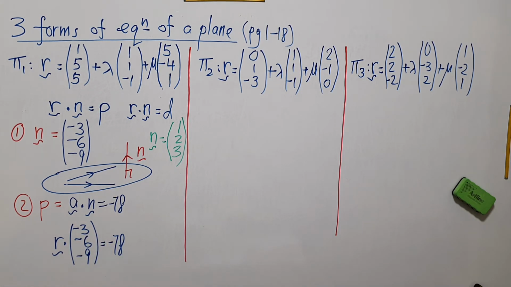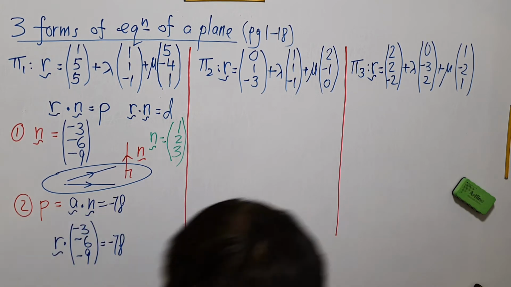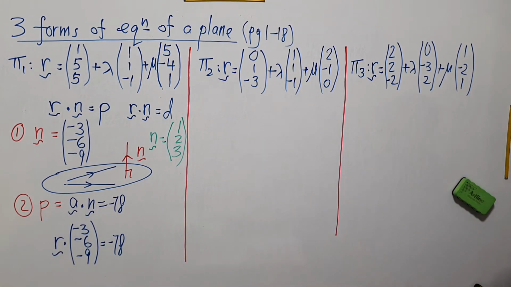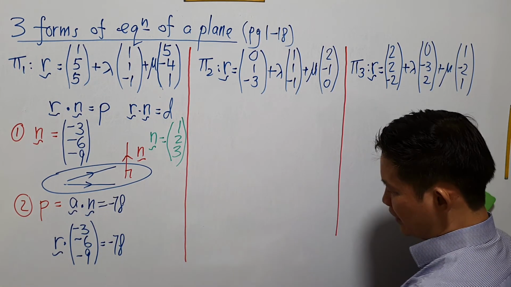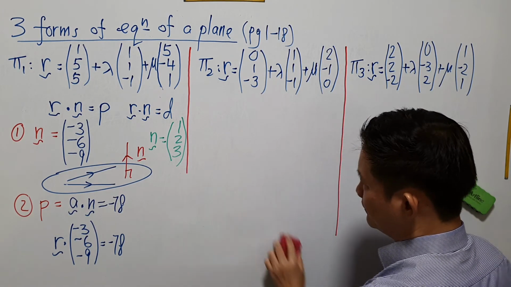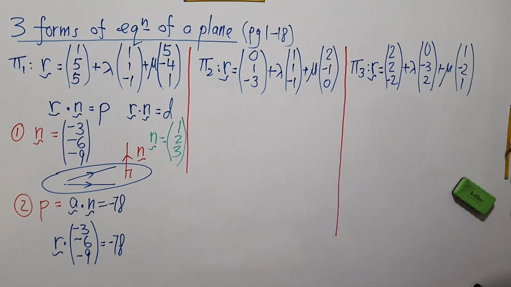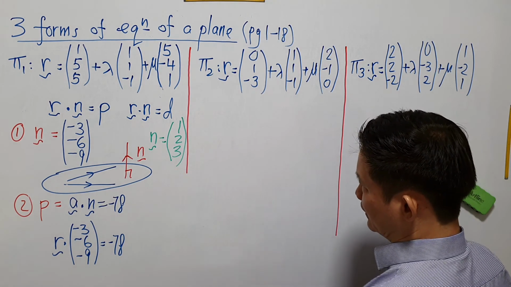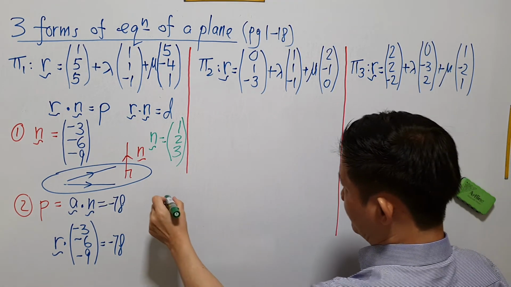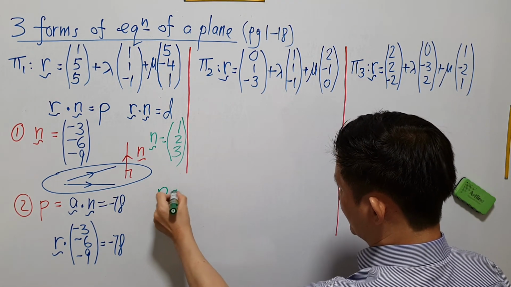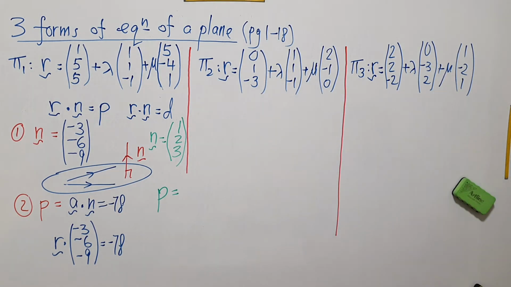On the other hand, if you have chosen to use the other vector n, this green n, let's see what happens. Then my value p will be equal to... how to find my value p?